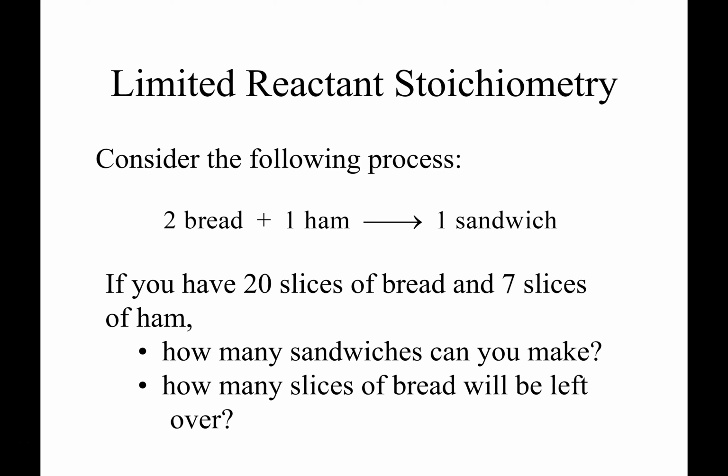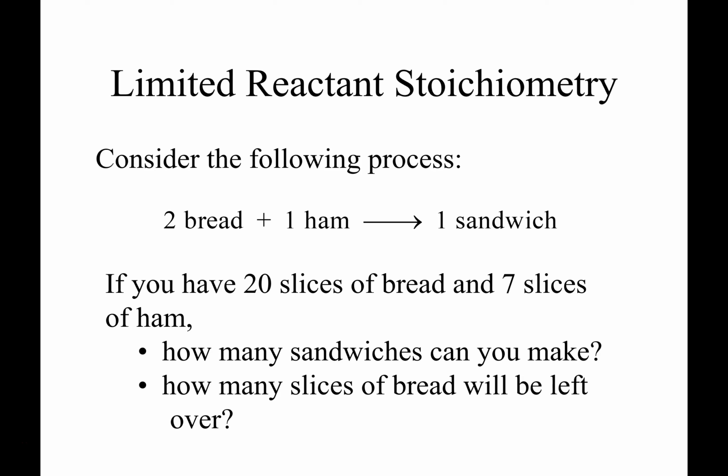And then these questions would be what we say stoichiometric questions about how this will go down. So how many sandwiches can we make? What do you guys think? I'm thinking 7, yep. Because I can't make 10. I could make 10 out of bread, but you don't have that much ham. So I'm just thinking 7.